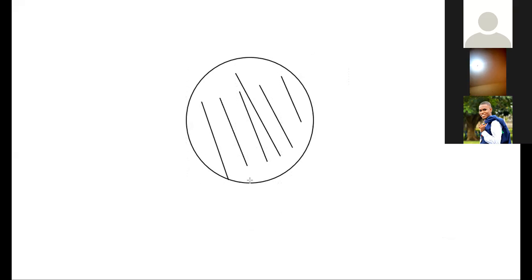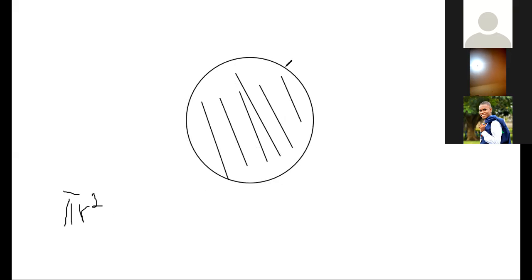Exactly. And not just the length of the circle. And in this instance, the area of a circle, the formula is given by pi r squared. Pi r squared. I will explain it. The formula is given by pi r squared.